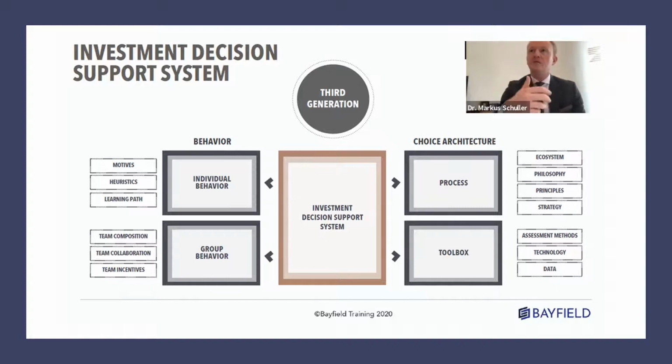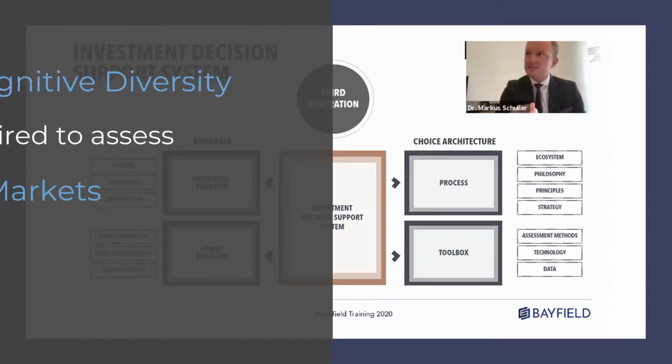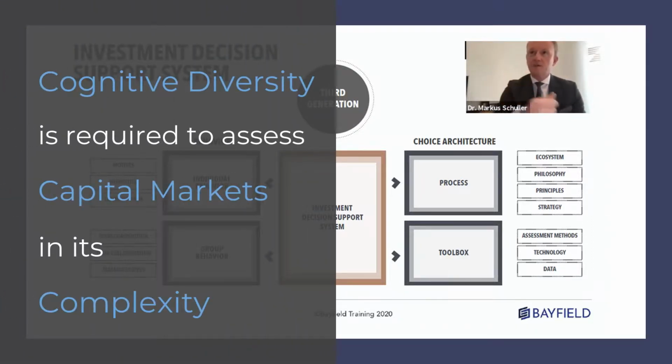If we are comparably socialized in our formal education, then our perspective on capital markets is pretty close. It's very synchronized. It's lacking diversity on a cognitive side, which is necessary to assess capital markets and its complexity.